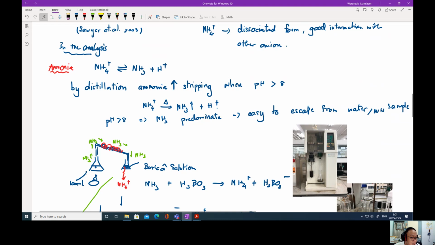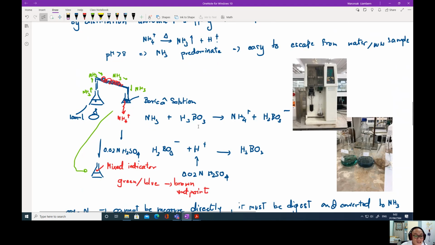We heat this water sample until the ammonia comes up and gets distilled, before being collected in a flask containing boric acid solution. In this flask, we normally put boric acid inside, and this boric acid can actually absorb the ammonia. So what is the function of the boric acid?